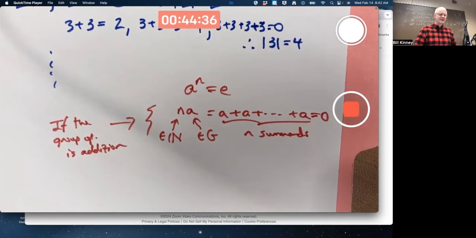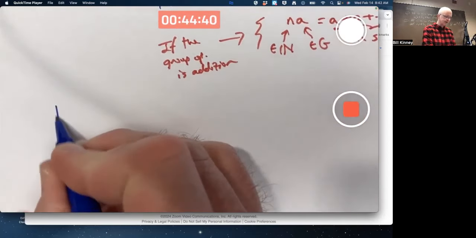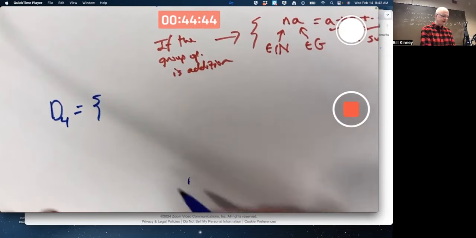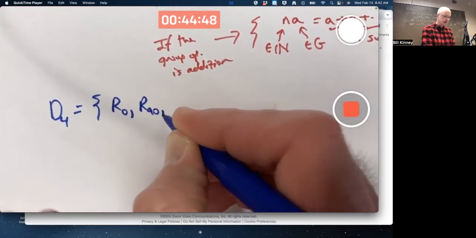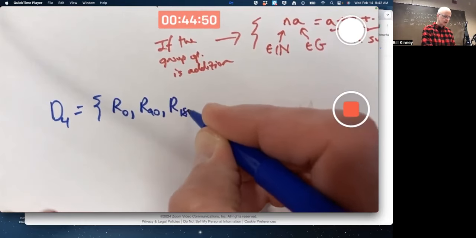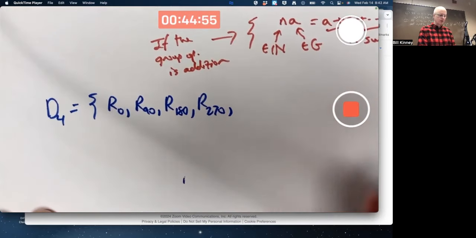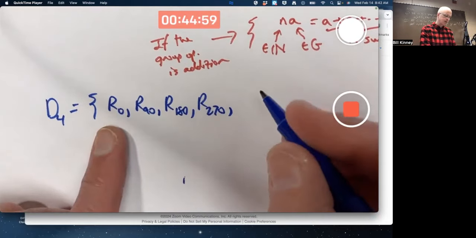To end class, let's look at D4 and think about the order of its elements. D4 consists of four rotations, although one of them is a trivial rotation where you don't do anything, R0.